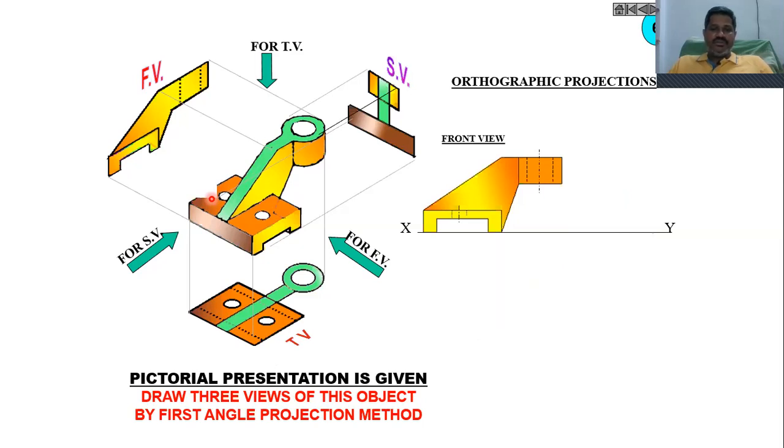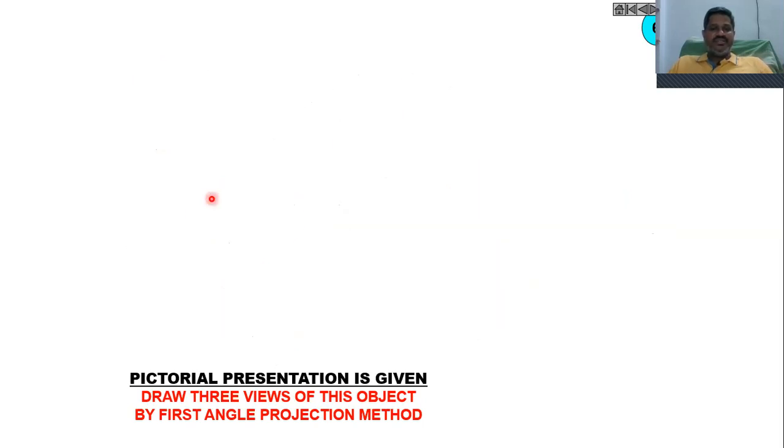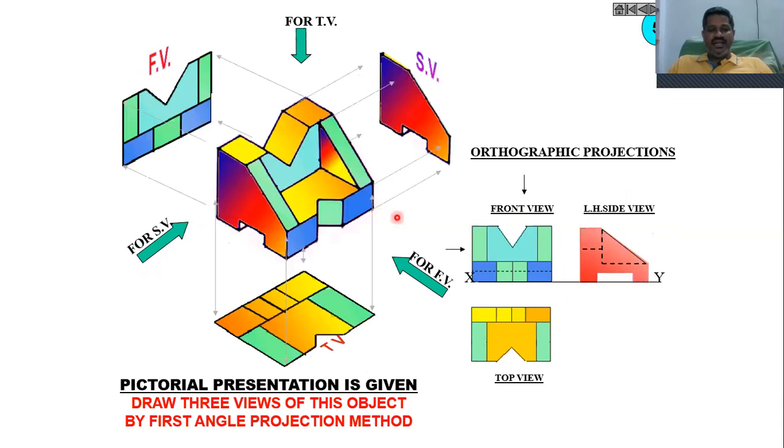Then before this figure, we have seen another component, which is also a very good component. In this case you will find one dotted line here that is not shown here, because we have a depression at the bottom of this component, so that you will get one dotted line here. This dotted line is represented in the orthographic projection, but here also this dotted line needs to be represented.